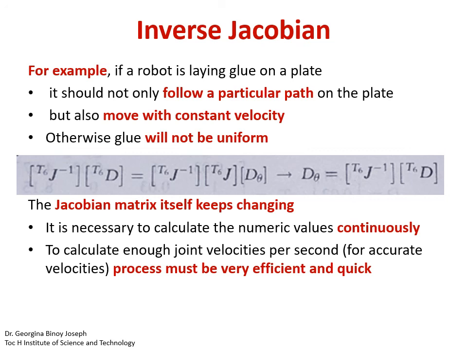To calculate enough joint velocities per second for accurate velocities, we have to keep recalculating the joint velocities very fast. This process of recomputing the numeric values of J continuously must be very efficient and very quick.